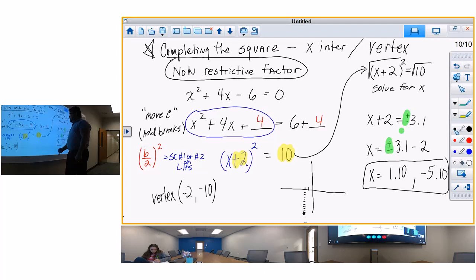And my intercepts are 1.1 and -5.1. So does it line up? Pretty much. And there's your prep. Yeah, no. I'm artistic like that. Now that is completing the square.